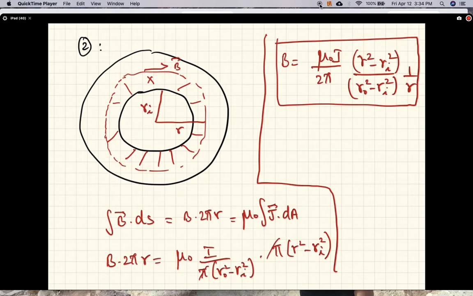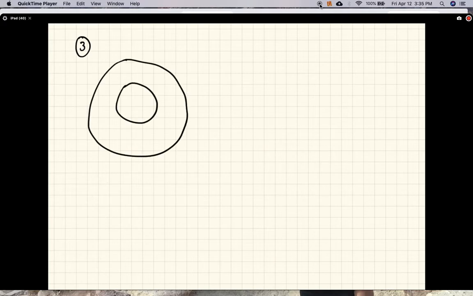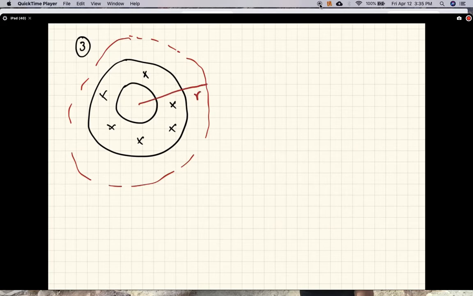All right, now let's do the last part. Let's add another sheet. For curve 3, there's where the current is flowing, and we are finding the magnetic field at a distance r, and again the magnetic field is like that.